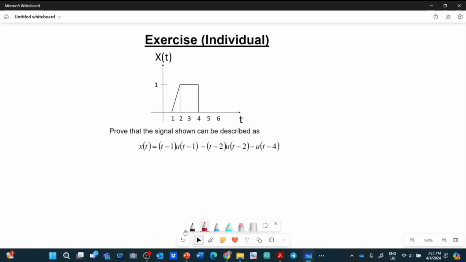Angkat tangan. 3. Sorry nama saya, slow down sikit kalau tak habis, saya dah tahu replay. Okay, 3. Why? Bukan saya nak you fail, saya nak you lepas sebenarnya.